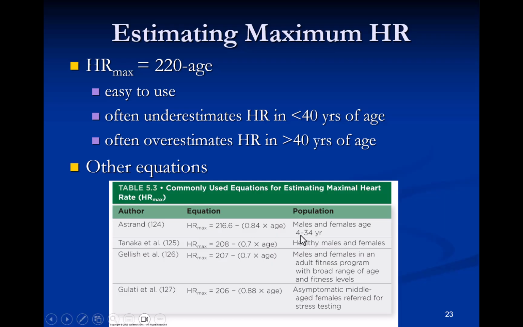So generally what I suggest is that if you need an estimate of max heart rate really quickly, 220 minus age is fine. But if you're actually doing a test and you want it to be as accurate as possible, use one of these equations here based on the person who's doing the test. You can see there's a slight description of each equation and who it's most appropriate for.